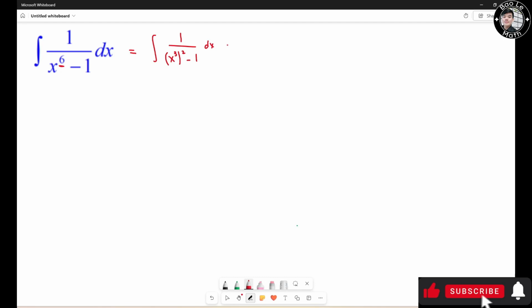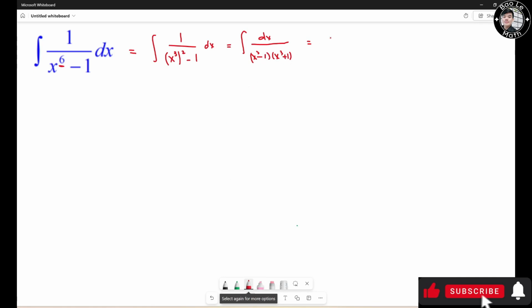Alright, so I'm going to use the difference of two squares. It turns out to be ds over s cubed minus 1 times s cubed plus 1. Now next, we need to use fraction decomposition to split this guy up.